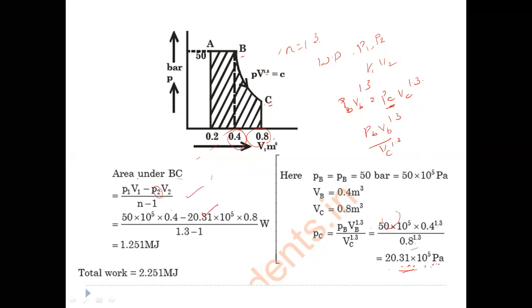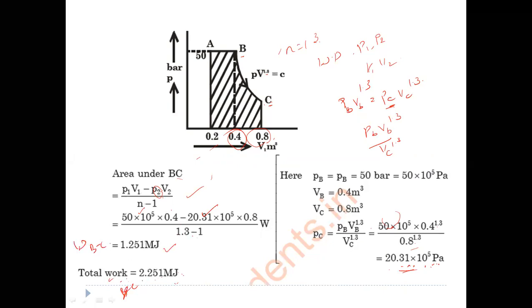After substituting the initial pressure, initial volume, final pressure, final volume, and the polytropic index n value, we got the work done for the B to C process as 1.251 megajoules.